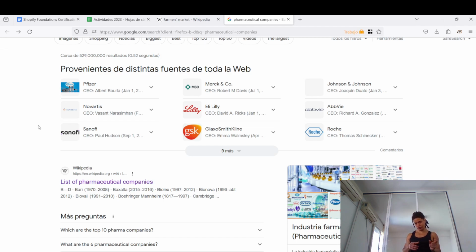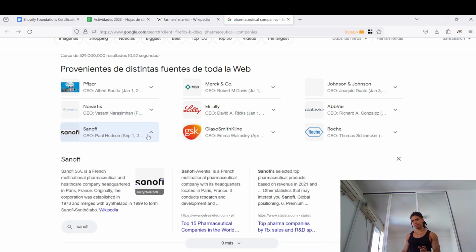So Pfizer, GlaxoSmithKline, even Sanofi. It's a French multinational pharmaceutical and healthcare company. Originally, the corporation was established in 1973 and merged with Synthelabo in 1990.